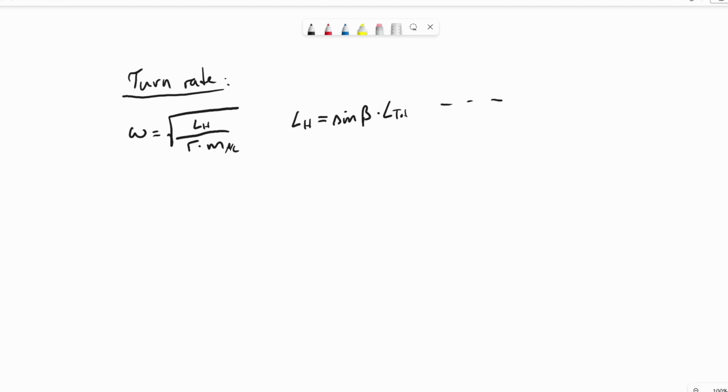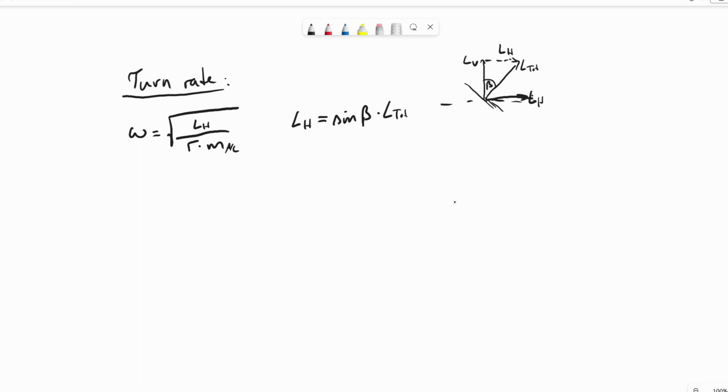Why? We can draw this again. We have our L total. We have our horizontal lift component. We have our vertical lift component. These are the wings. There is our bank angle here, and we can also write LH here, and then it should be obvious.